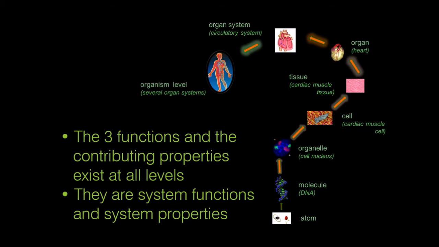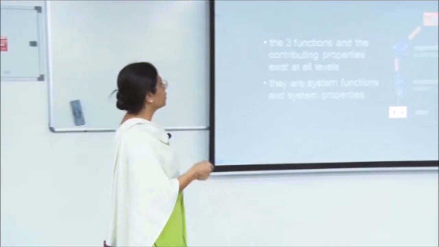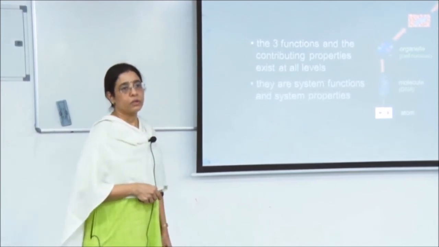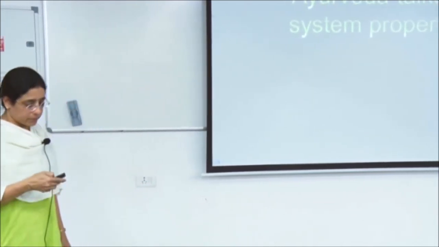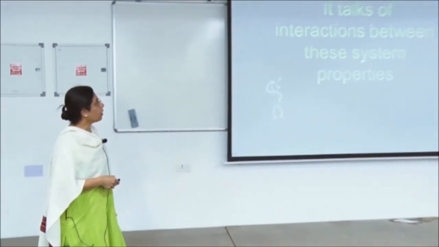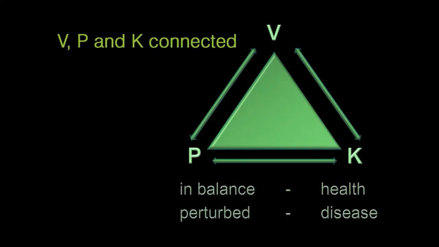There is dryness, you can see dryness at this level, you can also see dryness at the level of the entire organism. So Ayurveda is talking of system properties and of interactions between these system properties. And when these are in balance, it denotes health. And disease is a system perturbation in Ayurveda.